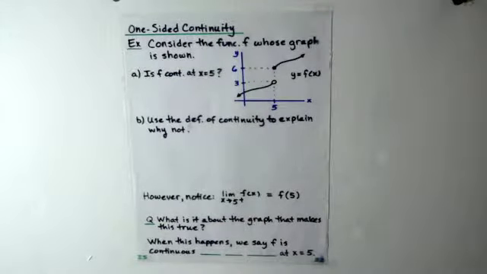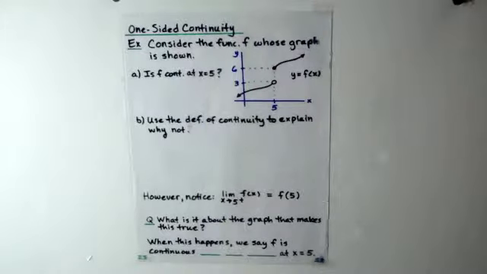And we've talked about different types of discontinuities. We've talked about discontinuities that are removable and ones that are not removable. And of the ones that are not removable, some of them were called infinite discontinuities and some were jump discontinuities.